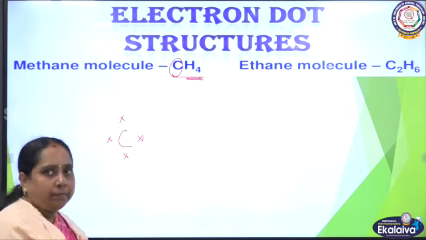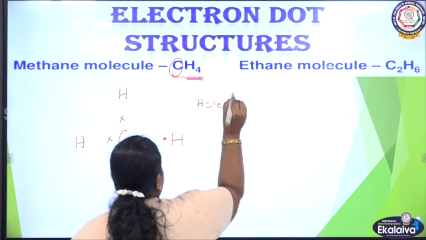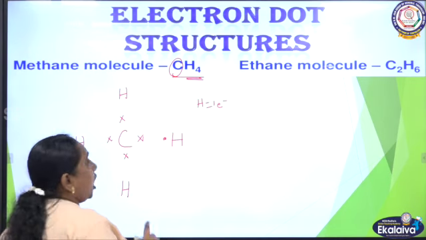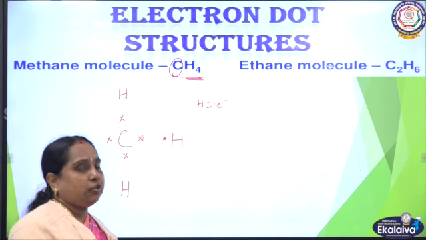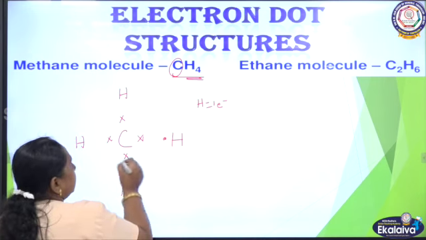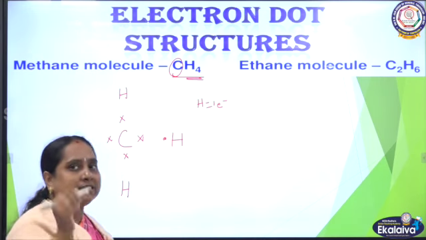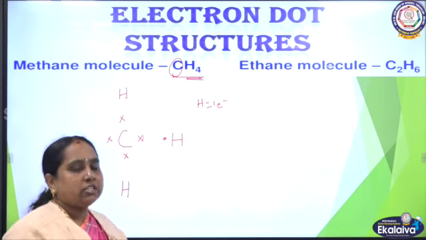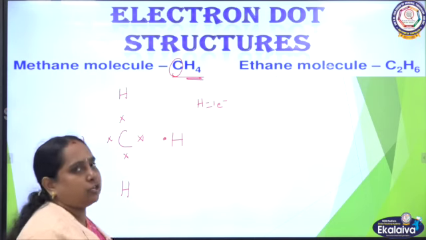Hydrogen is a uni-electronic species, which means it contains only 1 electron. But carbon in total contains 6 electrons. Why are we representing only the valence electrons? Because they are the only ones involved in bonding. So we take only the bonding electrons of carbon.